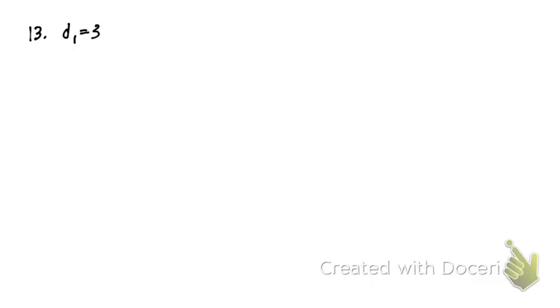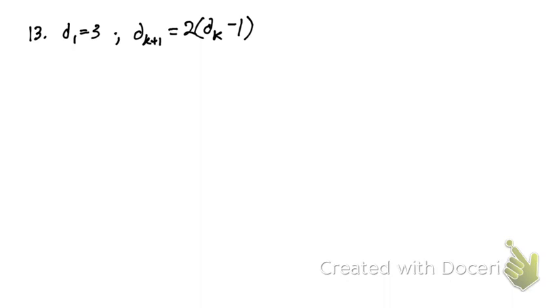So that's my first term. And then it also says that d sub k plus 1 equals 2 times d sub k minus 1. Notice it's not d sub k minus 1, it's 2 times d sub k, and then minus 1.